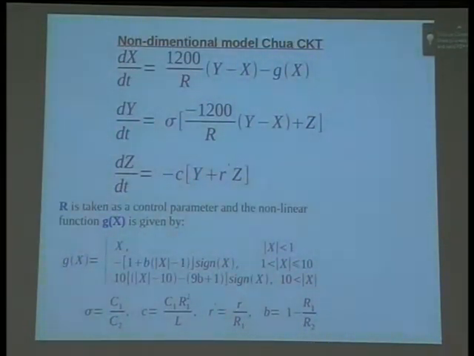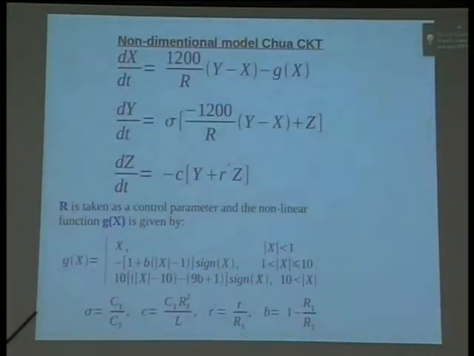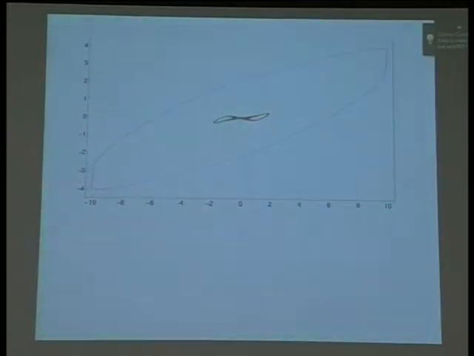To do the synchronization experiment, we have used the chaotic regime. If we solve these equations for different parametric regimes, we get three kinds of attractor. The outer one is basically divergence, which is not inside the desired regime, and the other two are inside.